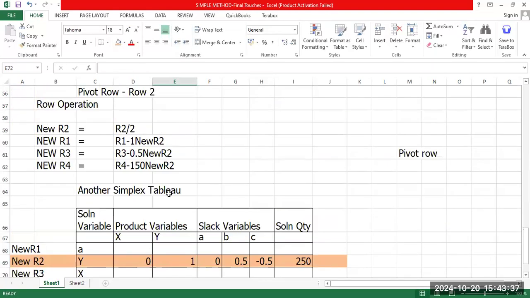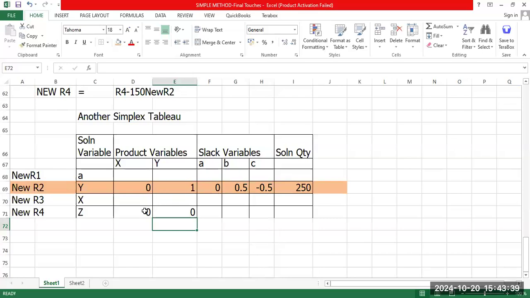Now I can be happy that I'm not going to repeat the procedure because I don't have a value that is above 0. Here, all I need is to see the value as 0 or as negative to say that this is a final tableau. So I can confirm that this is final tableau. I will not repeat the procedure.